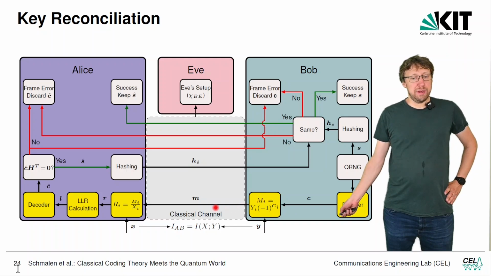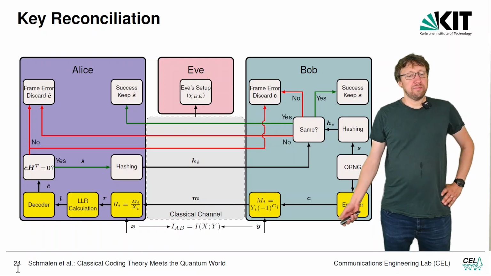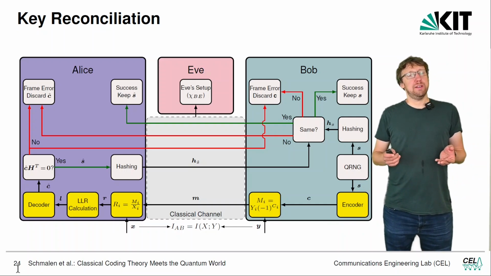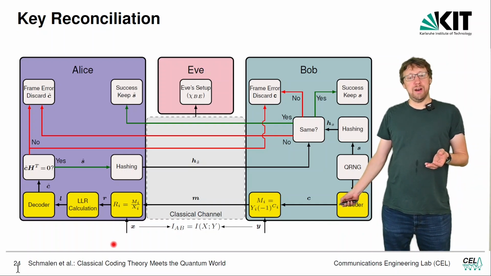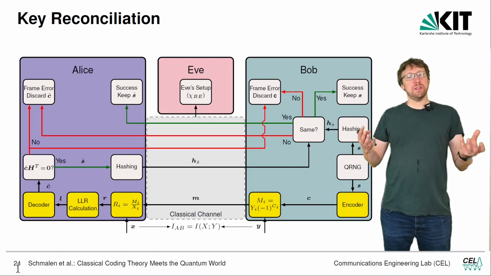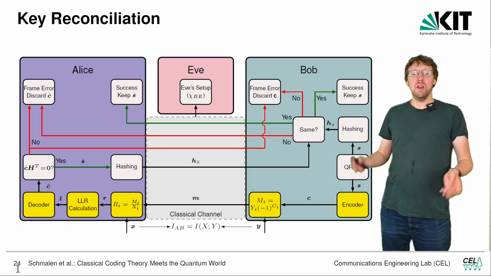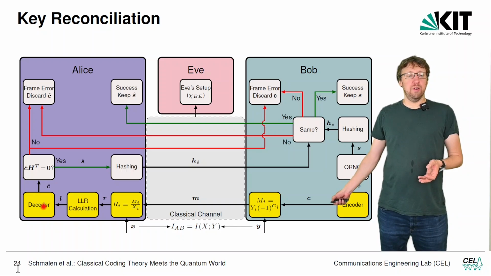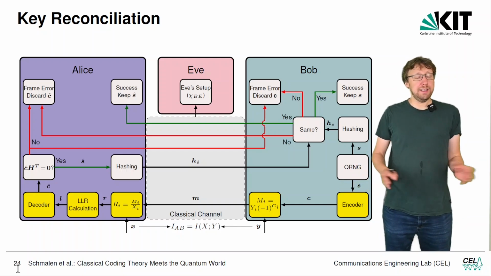We transmit this back to Alice and Alice knows what quantum states she has transmitted. So what Alice does is she divides the received modulated states by the transmitted states to remove the influence of these quantum states. And then she uses a decoder to decode the code word. And that's the key reconciliation.